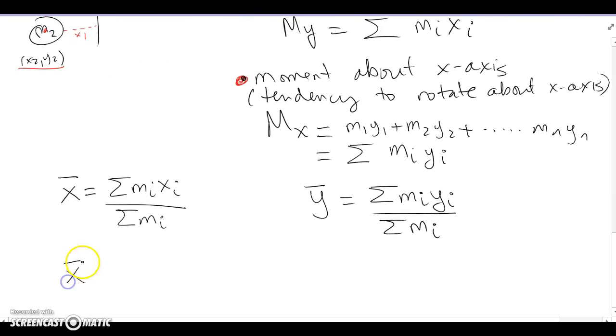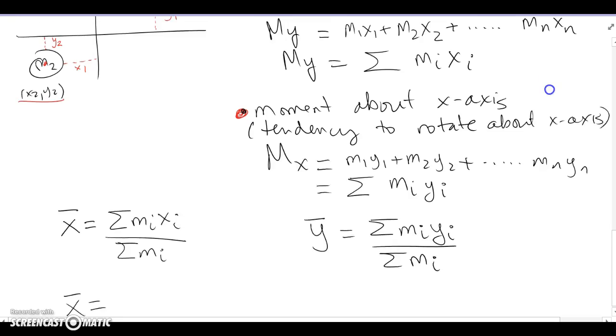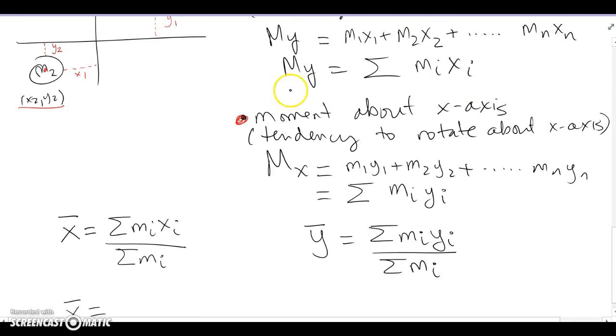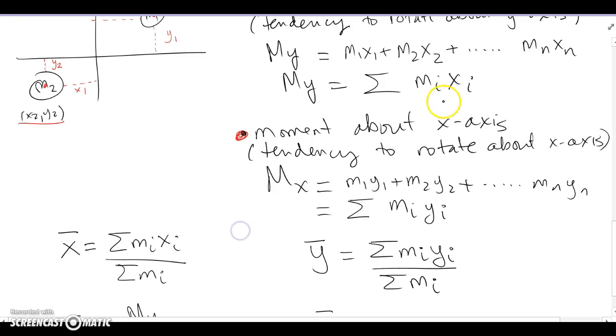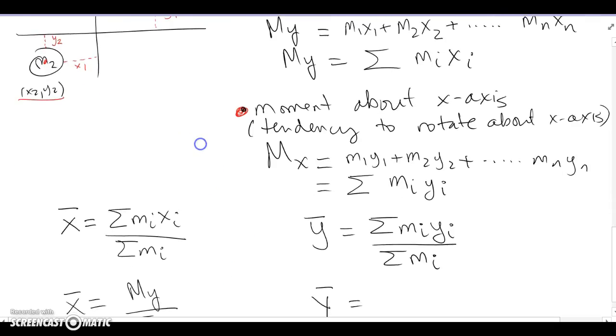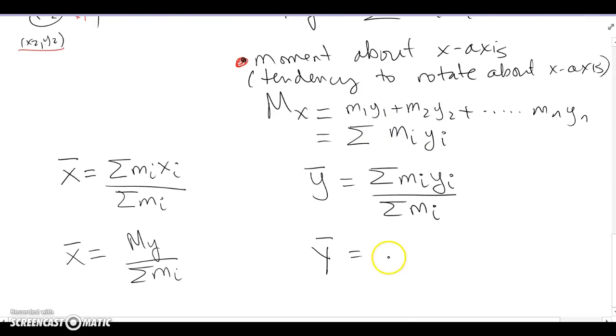So x bar is the sum of m_i x_i, which in this case, notice, is actually the moment about the y-axis. So I have M sub y over the sum of the mass of the system, and I have y bar, in this case M sub x over the sum of the mass of the system.